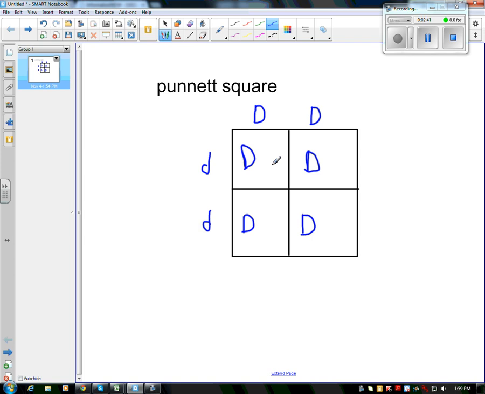You've got these lowercase d's, which is dwarf. This one goes all the way across, so it's lower d and lower d. The top one goes down both squares, and this one goes across both squares, like that.